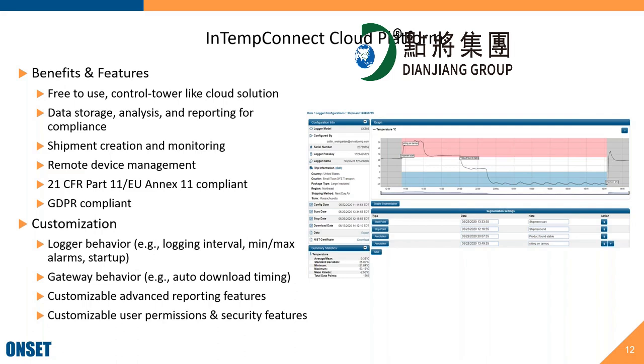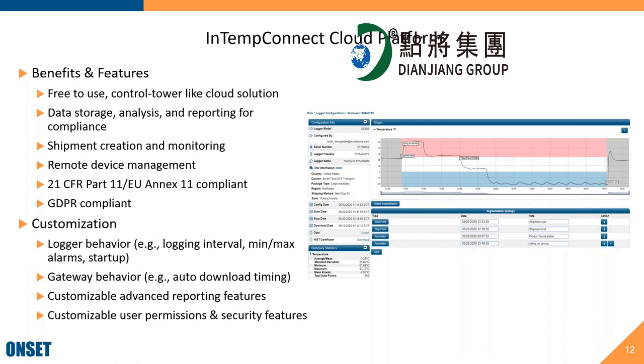You can do your data storage, analysis, and reporting from here for all your regulatory compliance needs. You can even create shipments directly in our system. So there is a shipment creation tool. You have the ability to do remote device management. So if a logger is in range of the gateway, and when in range, we're talking about Bluetooth range, so it's 100 feet, 30.5 meters.